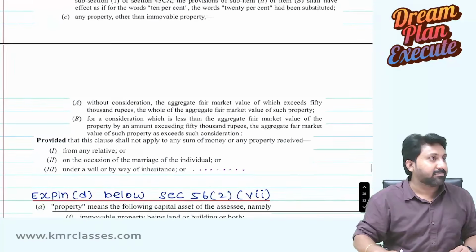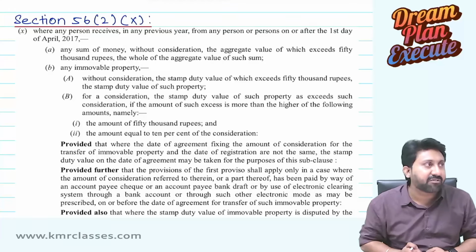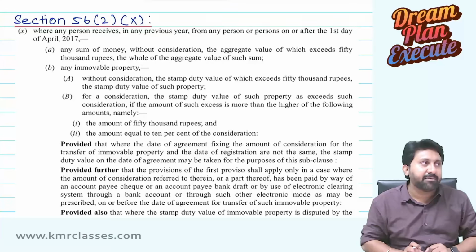Any immovable property without consideration, the stamp duty value of which exceeds 50,000 rupees, the stamp duty value of such property. Next, for a consideration, the stamp duty value of such property as exceeds such consideration if the amount of such excess is more than the higher of the following amounts, namely the amount of 50,000 rupees and the amount equal to 10% of the consideration.